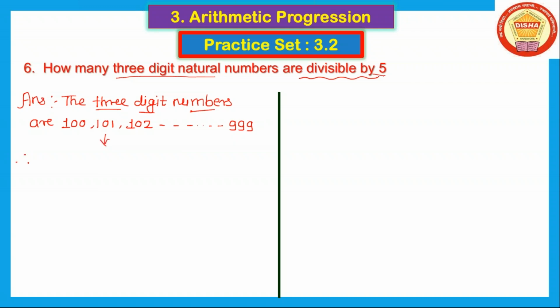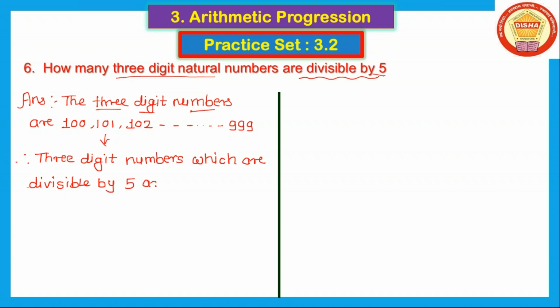So here again we write, therefore 3-digit numbers divisible by 4, sorry, by 5 are.